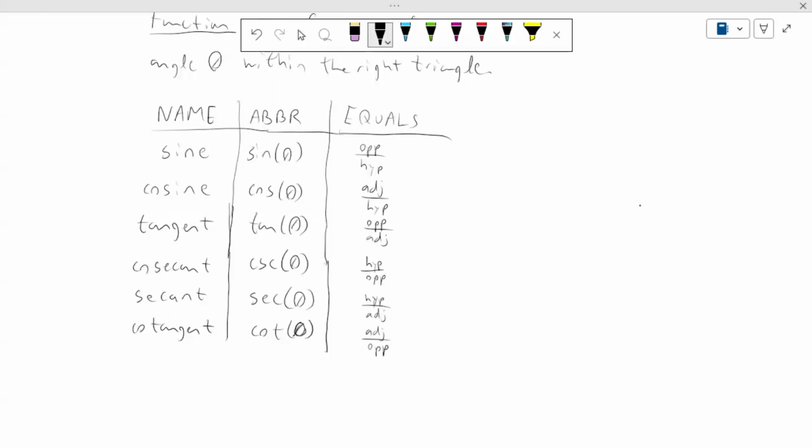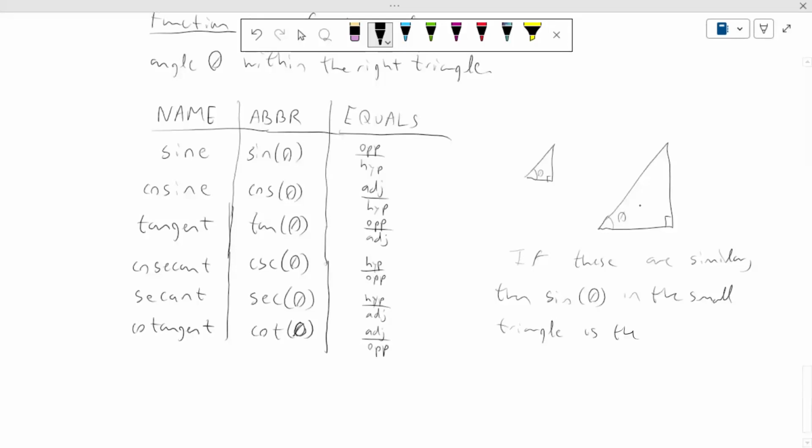Maybe I'll draw a little picture over here. Here's theta in a small right triangle. Here's theta in a big right triangle. If these are similar, then sine of theta in the small triangle is the same value as sine of theta in the big triangle.